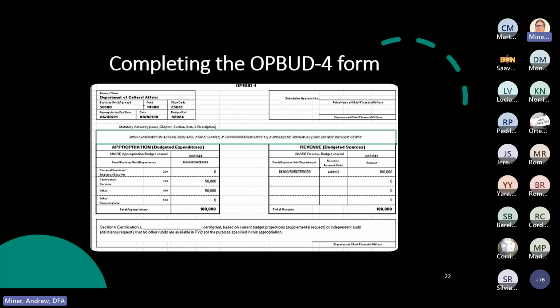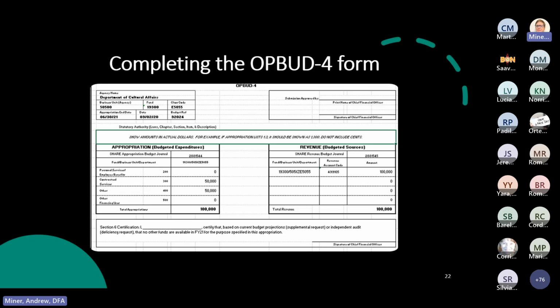So if you're doing a Section 6 appropriation, your CFO needs to sign this to certify that you need this money and that no other funds are available, right? Because basically it's the legislature covering a shortfall for you. So you have to verify that you cannot otherwise cover it, okay? But that's all. You only sign that if it's a Section 6 appropriation.